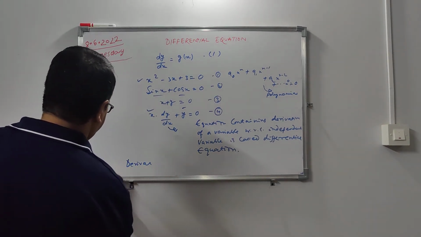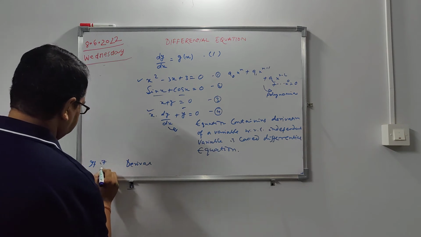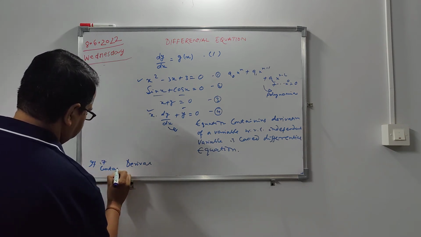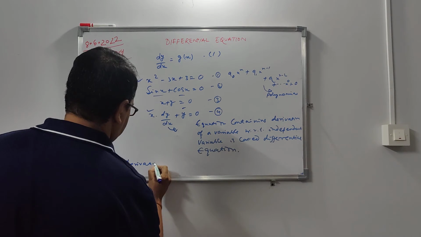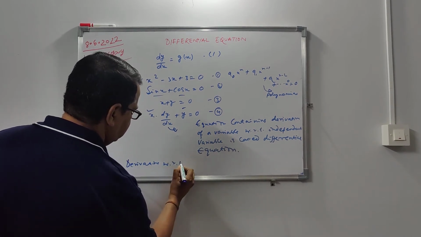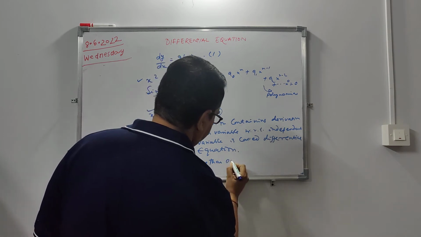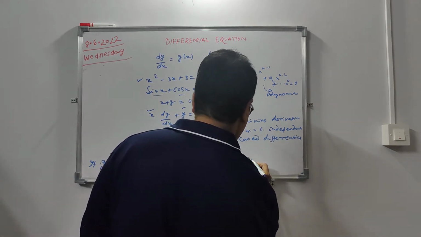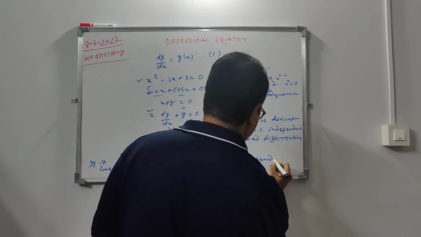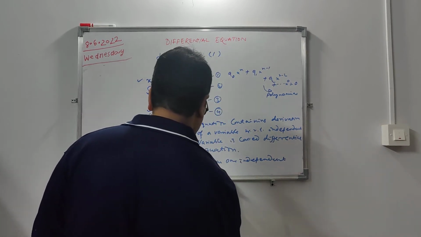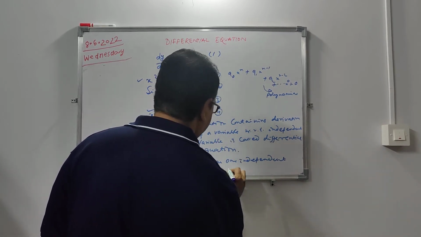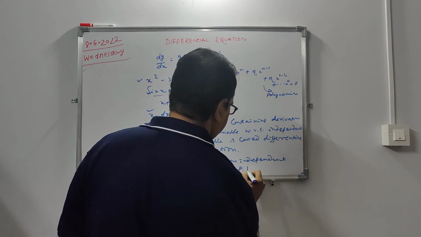If an equation contains derivatives with respect to more than one independent variable, it is called a partial differential equation.